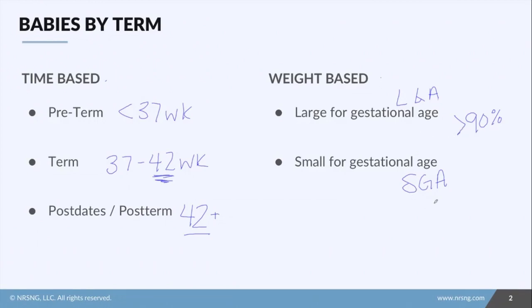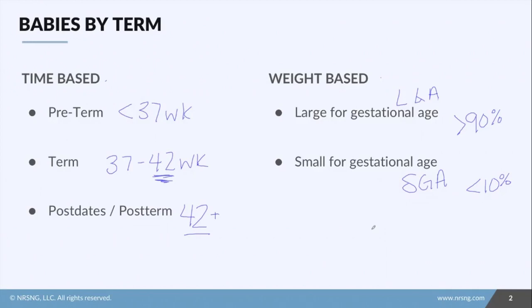Then we have small for gestational age, and these are going to be less than 10th percentile on the growth chart. So I don't want you to get confused. Our SGA babies are not to be confused with those that are low birth weight, extremely low birth weight, very low birth weight, any of that. These are just specifically going to be those that are small for their age.